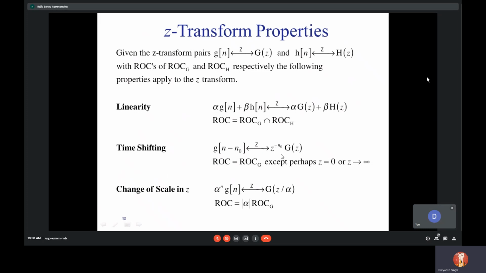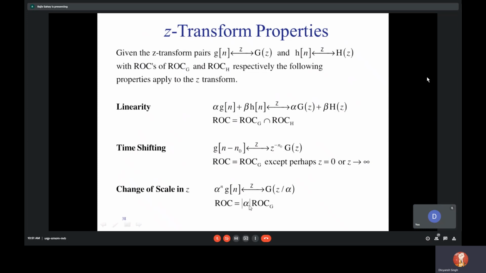And for this shifting case, the ROC is identical to the ROC of G of n, except Z equal to 0 or Z tends to infinity because of this particular term, n naught. Because we are multiplying Z to the power minus n naught. So these 2 points can cause a problem. So change of scale in Z, or you're multiplying by a complex exponential in the time domain.